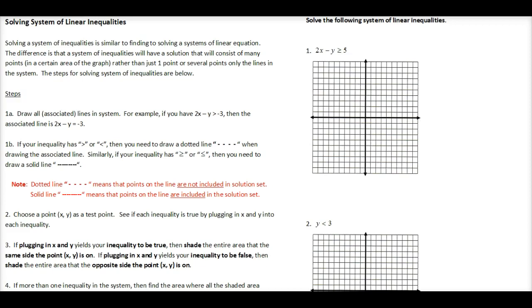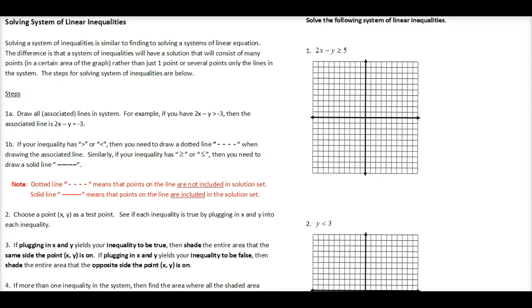After we find our point and plug the corresponding x and y values into our inequality statement, we find out in step 3 that if plugging in those x and y values gives us a true statement, then we shade the area that's on the same side as that point, in relationship to the line we just drew.